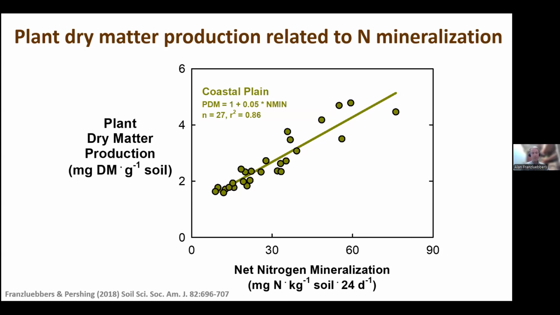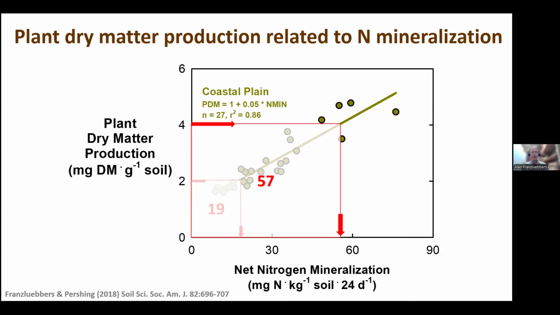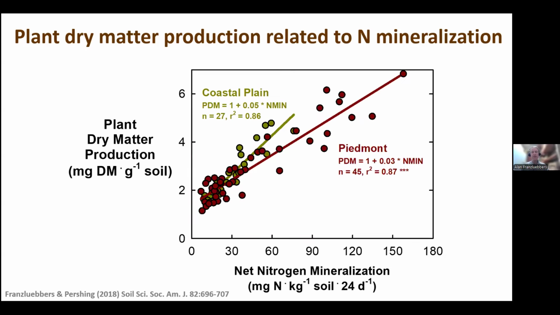So nitrogen was the limiting factor, and nitrogen mineralization is a biological process, so we had to have that in the soil. With this, we can determine that nitrogen mineralization leads to a certain amount of plant dry matter production, and we have this linear association. We can start quantifying the relationship between potential plant dry matter production and nitrogen mineralization.